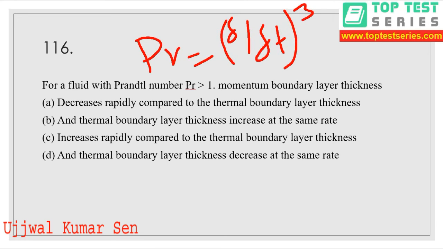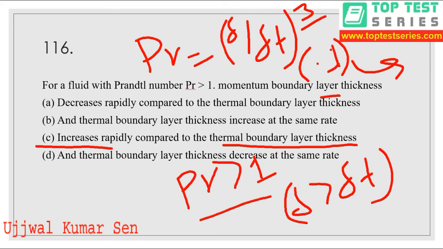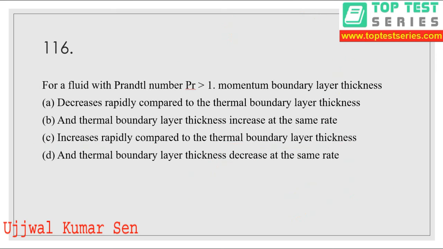It is talking about Pr greater than 1. Therefore delta should be greater than delta T. Otherwise getting a value greater than 1 is impossible because of the power. If you get values in decimals, it will become a further smaller value. Therefore the momentum boundary layer thickness increases rapidly compared to the thermal boundary layer thickness in this case. Therefore option C is the correct answer.